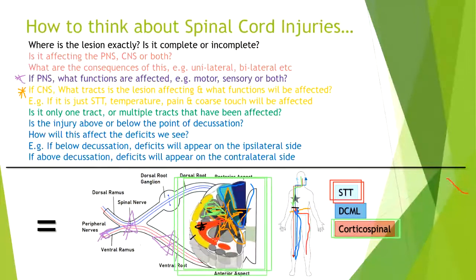Don't quote me on this. I think you'll explore this in a little bit more detail later in the course. So as far as priorities go, just understand where those tracts are running, what they're carrying, and where they cross the midline. So don't worry too much about the cross section. That's probably a little bit deeper than you need to know right now.